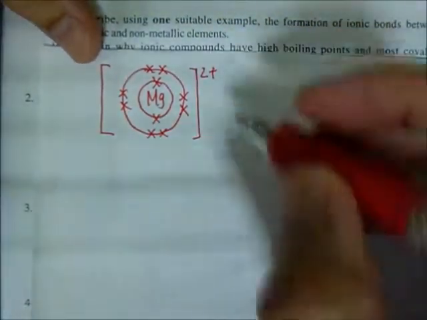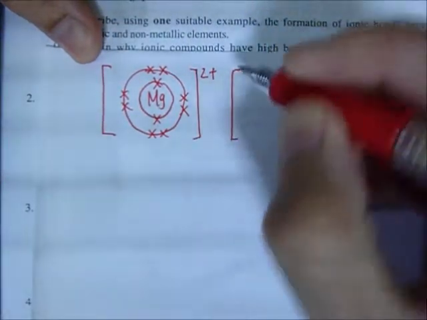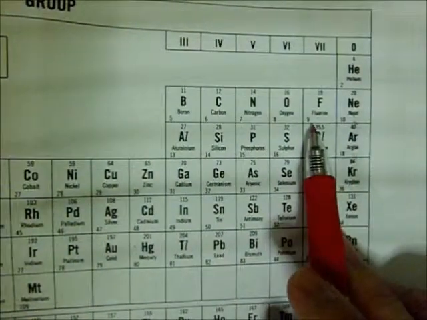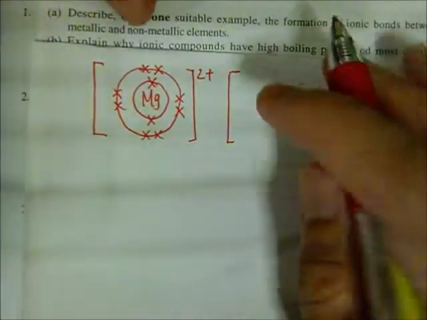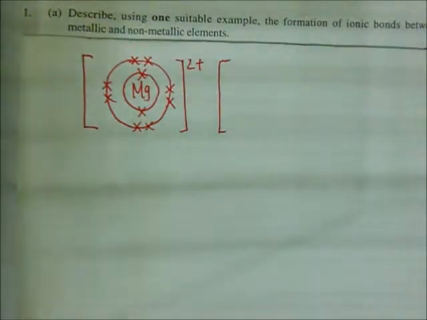Okay, and then it would lose the 2 electrons to fluorine, and fluorine is 2,7. So it gains; 2,7 means that it needs 1 valence electron.